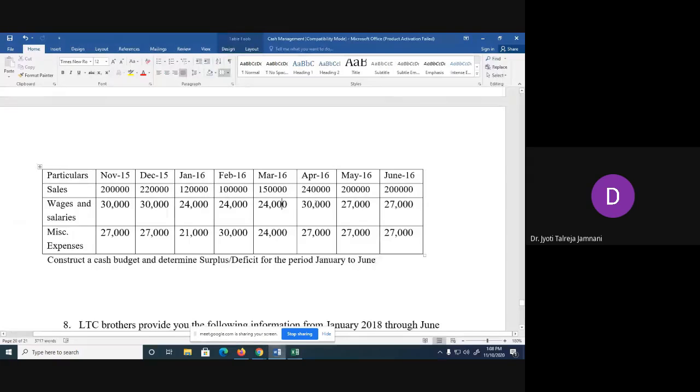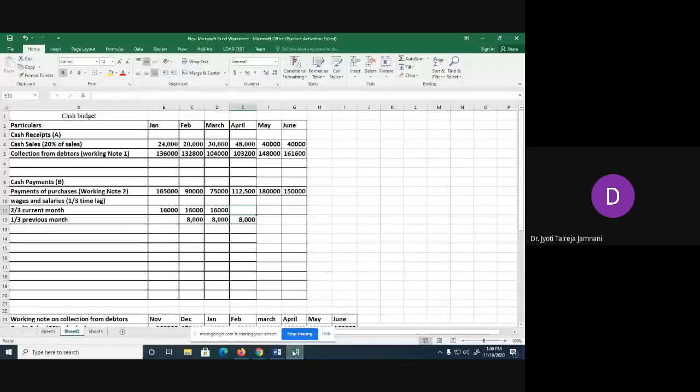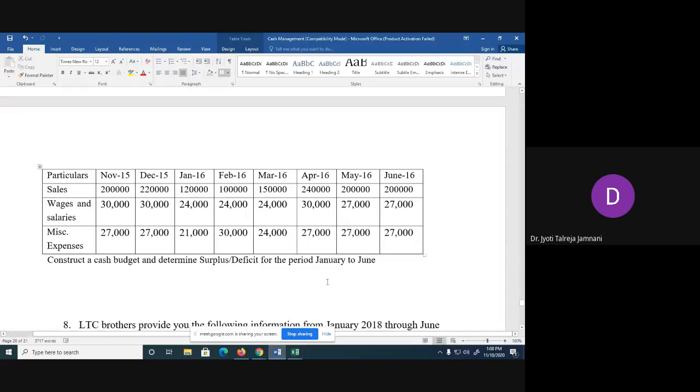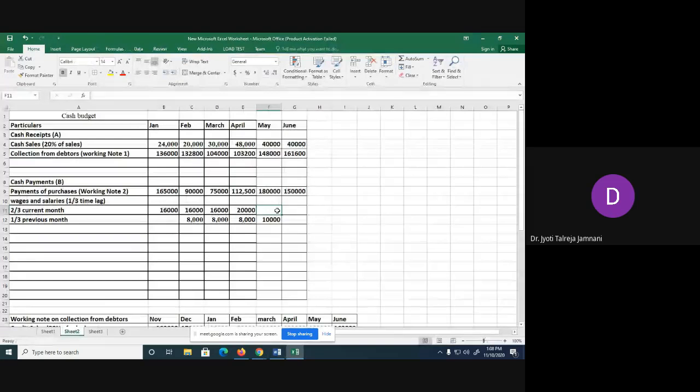Then wages and salaries for April is 30,000, 2/3 of 30,000, which comes to 20,000, and remaining 1/3, that is 10,000 in the next one. Then for May, it is 27,000. So May, 2/3 of 27,000 is 18,000, and the remaining 9,000 in the next one.